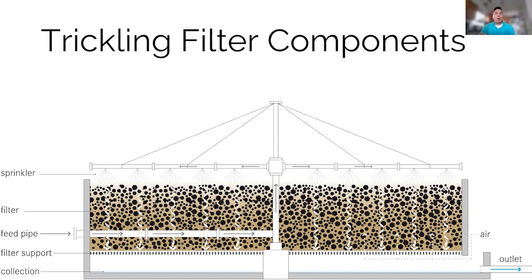What you can see is that wastewater is pumped in through that feed pipe, and then it makes its way up to the distribution arm, where that distribution arm is rotating and it's sprayed all over the filter. The water then trickles through the filter, which has a porous bottom with an air gap, and exits as effluent. So you can see here that we have four main components of this trickling filter.